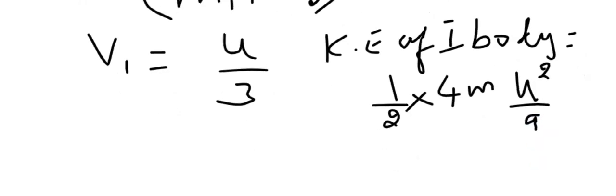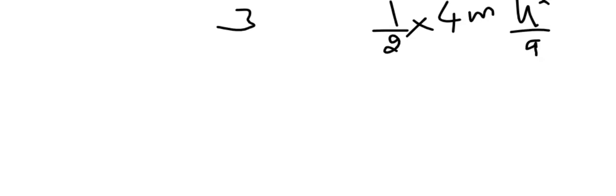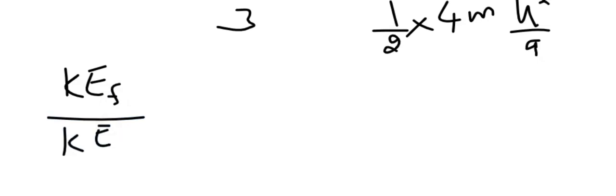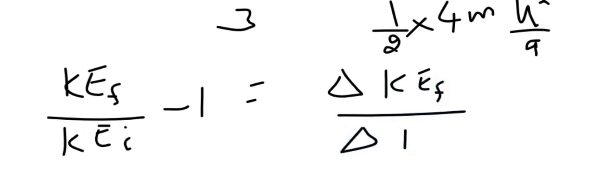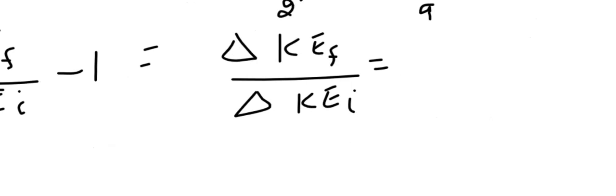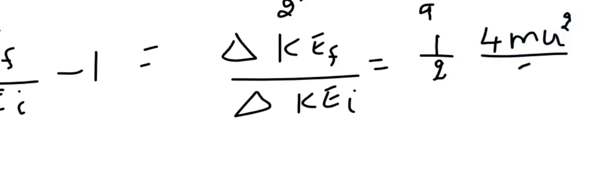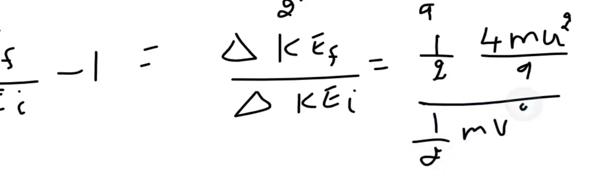So we know that kinetic energy final by kinetic energy initial minus 1 is equal to the change in kinetic energy divided by the initial kinetic energy, which is nothing but, substituting the values, half 4m u squared by 9 divided by half 4m u squared, minus 1.